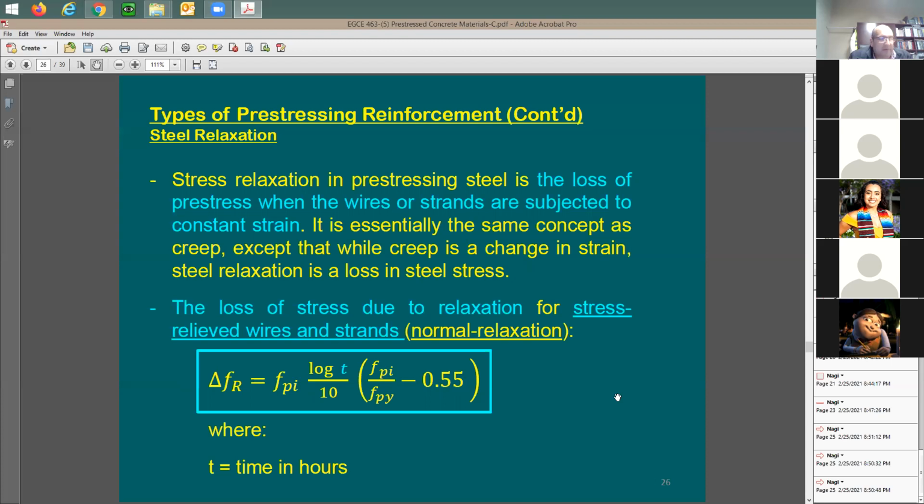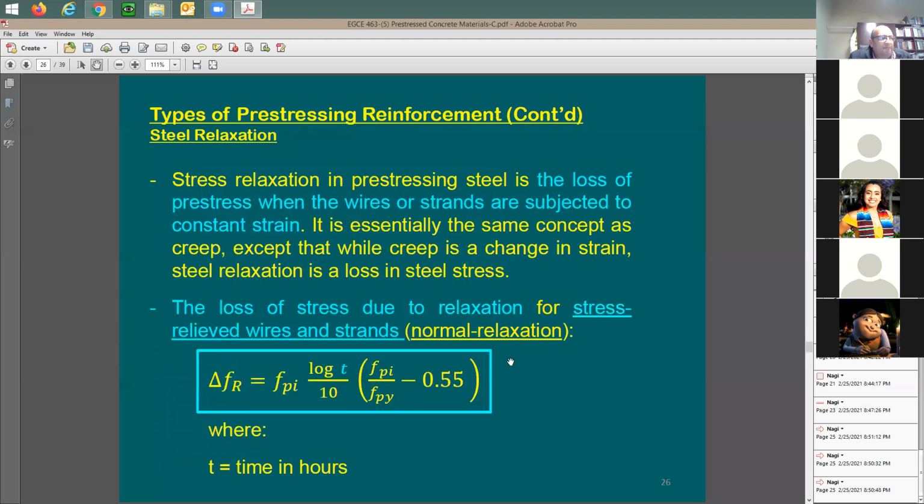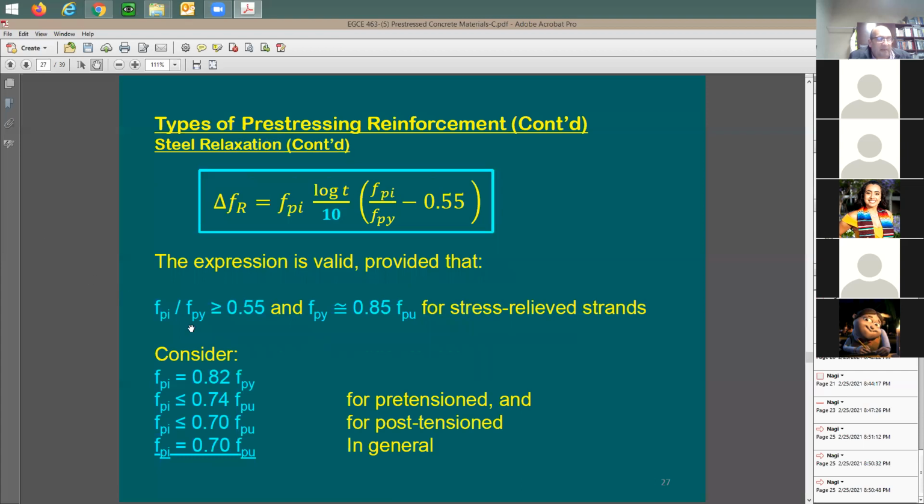So, okay, good. All right. One equation, an empirical formula. At least with this, I can figure out the amount of relaxation. And here's the equation again. And this is the discussion about using 0.55, because with this equation, FPI divided by FPY needs to be more than 0.55. Otherwise, you're going to get a negative, which doesn't make any sense, right?